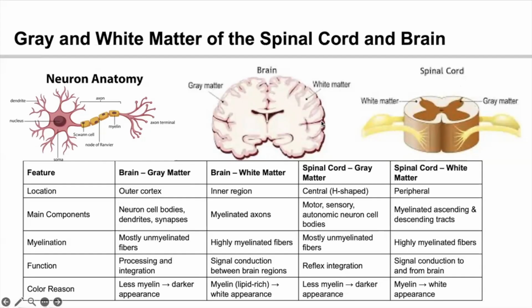Functionally, the white matter in the brain is for signal conduction, and in the spinal cord, it is also signal conduction, but to and from the brain. So the spinal cord's main function is to communicate with the brain through the white matter, which is the main focus of our discussion in this lecture.